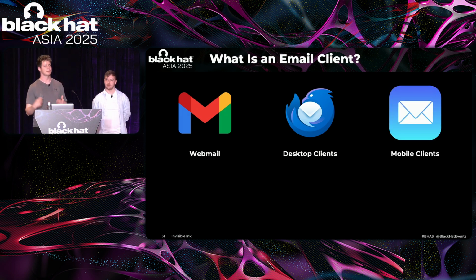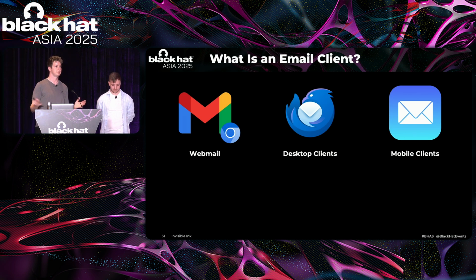And we, of course, have mobile devices with their mobile clients. The answer may be surprising, because how they handle that is actually quite similar. For webmail, you're already in a browser, so you can just render everything using the engine of your browser, because that's naturally capable of rendering HTML and CSS.